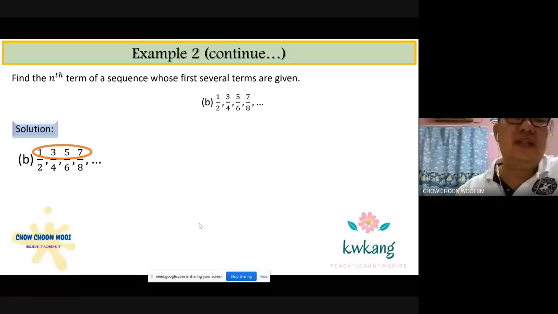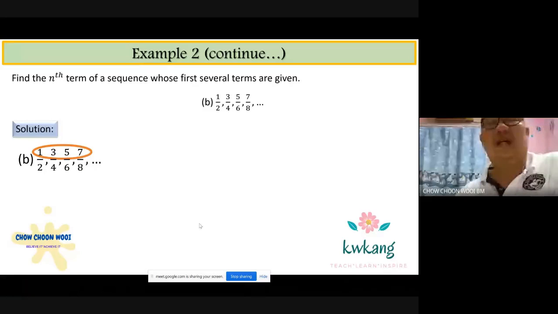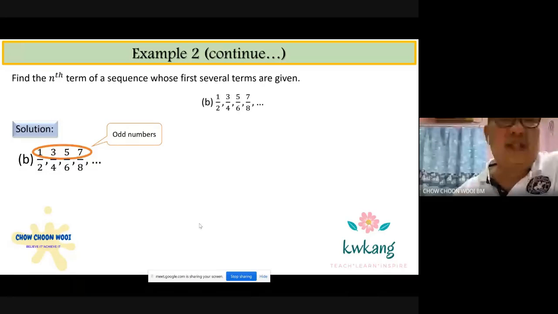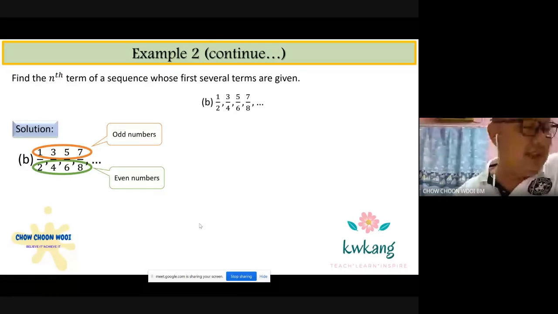Okay. So if you look at the numerator, it's from 1, 3, 5, 7. Okay, it's odd numbers. The second sequence, 2, 4, 6, 8, which is even numbers. Dia sebenarnya odd numbers over even numbers. You see or not? Okay. So this is T1, T2, T3, T4.